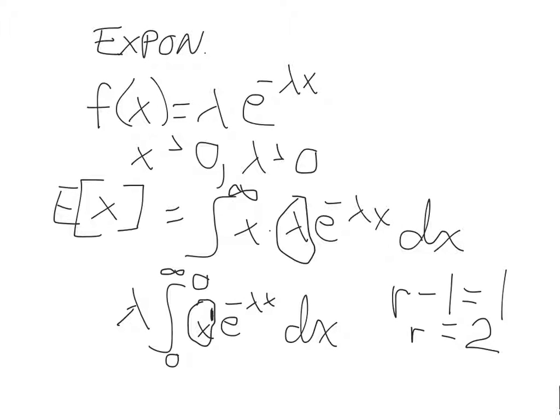Okay, so hang on to that thought while I change pages. Okay, and I'm going to put the gamma back up quickly and small. So that's r, gamma of r, x to the r minus 1 e to the minus lambda x.